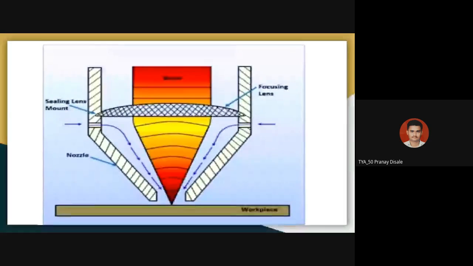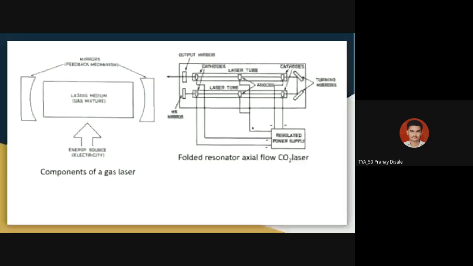Okay, now please draw this diagram, both of them. Give the name to the diagram also.